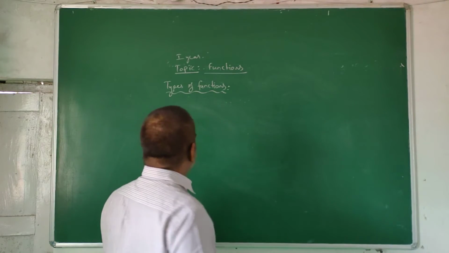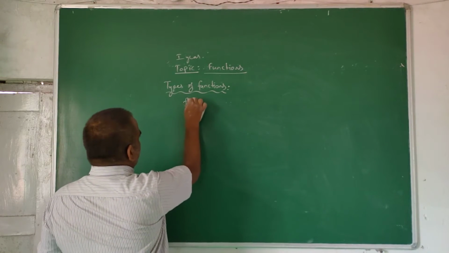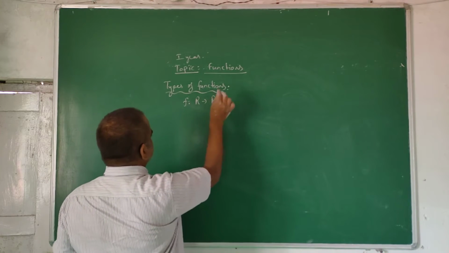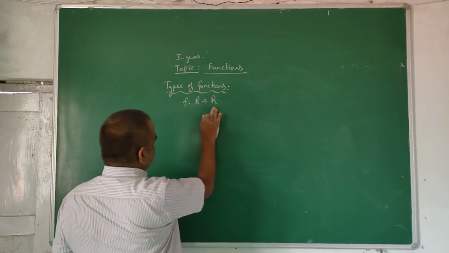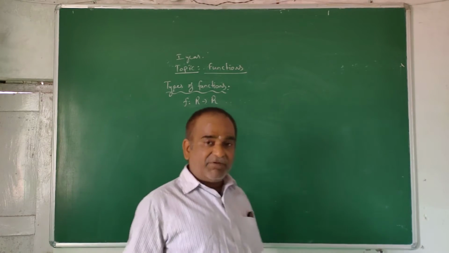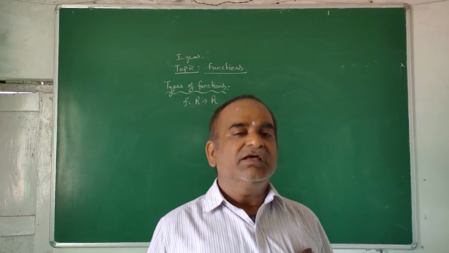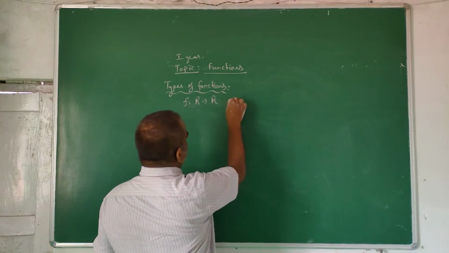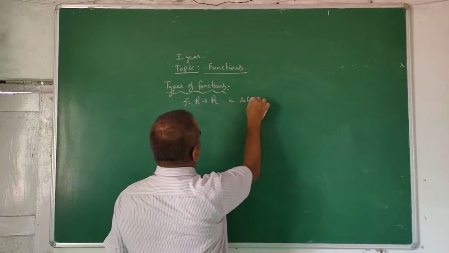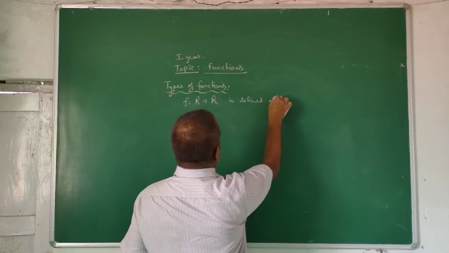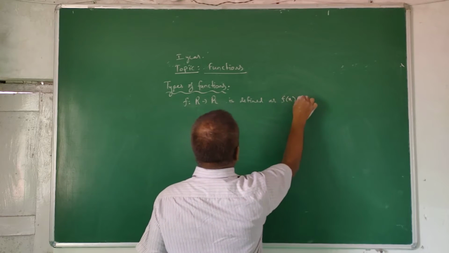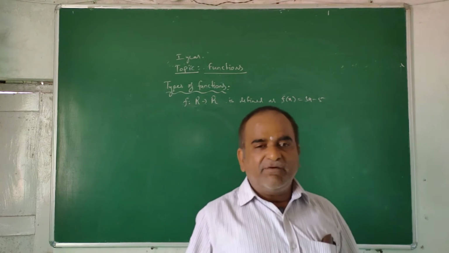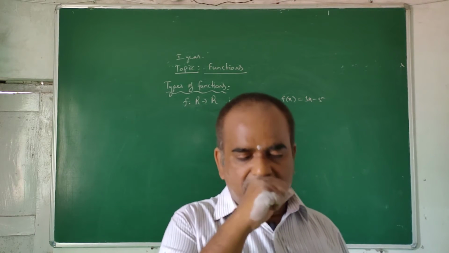See, for example, f maps from the set of real numbers to the set of real numbers. This kind of function is called a real function in mathematics. f from R to R is defined as f of x is equal to 3x minus 5, from the set of real numbers to the set of real numbers.